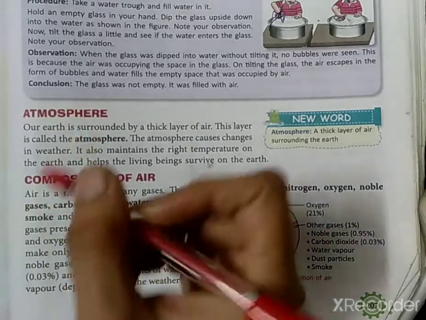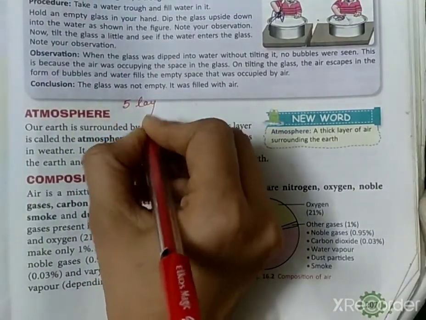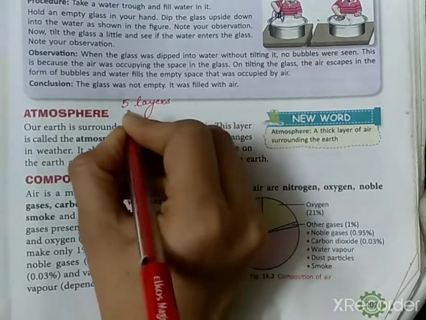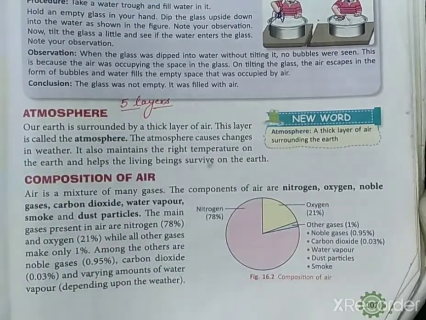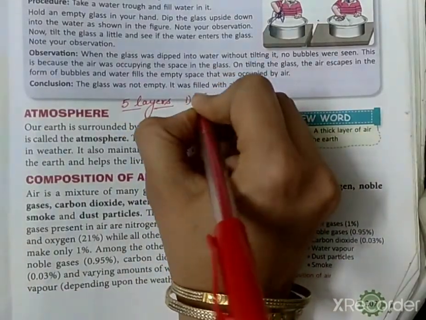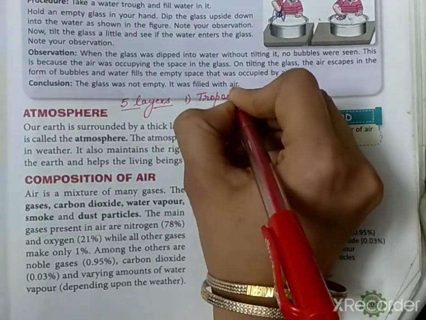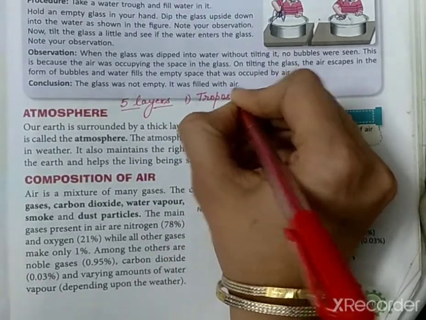It has 5 layers that we have already read in class 5th. The very first layer is the troposphere.